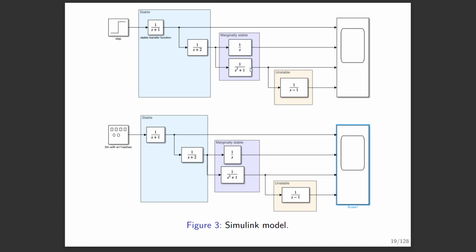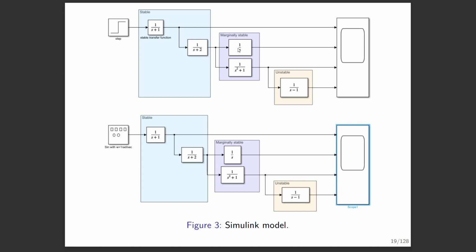For this system, the poles that are making it marginally stable are plus minus j. So the frequency of omega equals 1 is the natural frequency of this system, and the frequency of omega equals 0 is the natural frequency of this system.